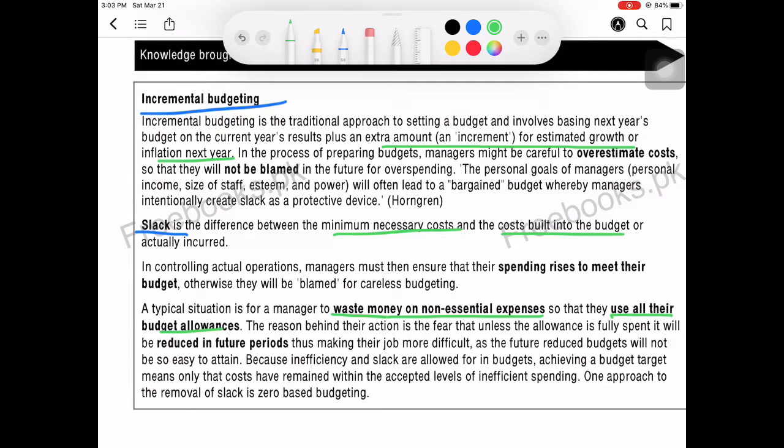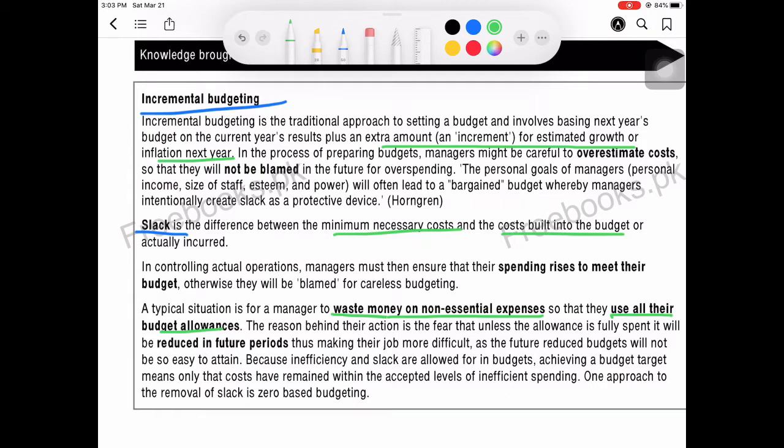So for example, if I have a particular expense, let's say advertising costs, the minimum cost that I really need to advertise my product is, let's say, $500,000, but in the budget I have taken a margin and I have actually made a bigger allocation for the same expense, let's say $600,000.